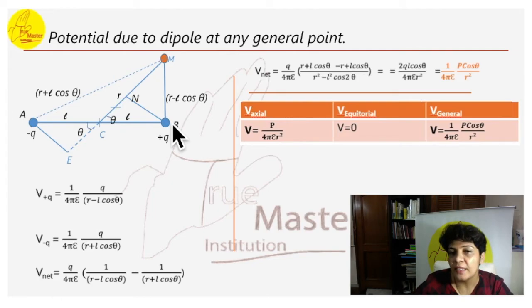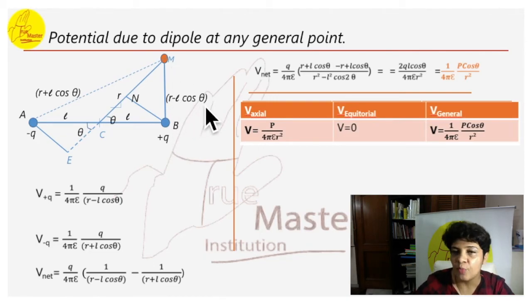So in this triangle NCB, the value for NC will also be L cos theta, because from the center to this half is L. Now the total value was R, so the value from M to N will be R minus L cos theta. Similarly, MB will be R minus L cos theta.